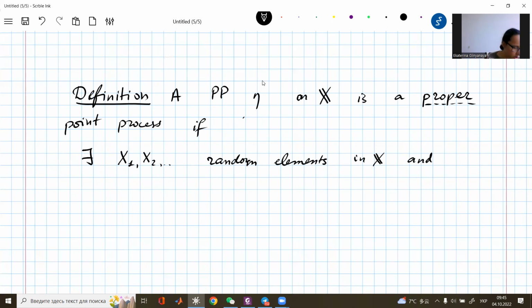We can do this by considering the random variable kappa, a random variable with values in the natural numbers, or 0, or infinity.